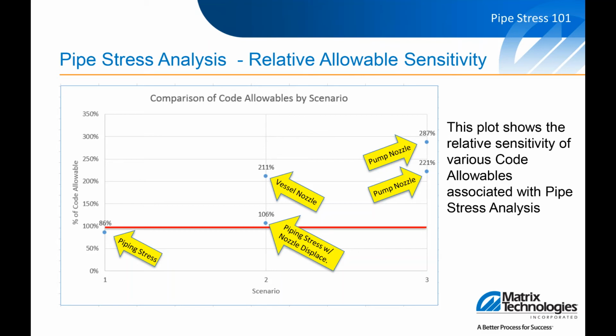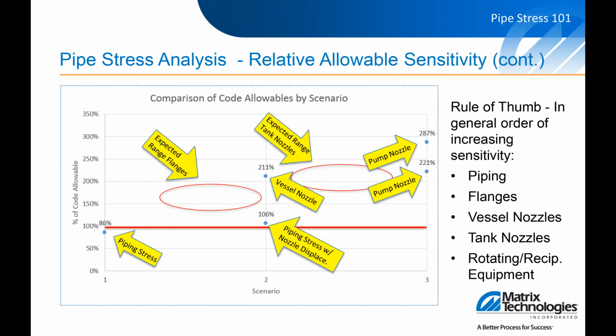So what I'm trying to show here is relative sensitivity. And let's take it even a little step further. Flanges we will typically see fall in this range to the left here, and over toward the right, tank nozzles. And what you can kind of see is a spectrum. In a lot of cases, it's not the piping itself.